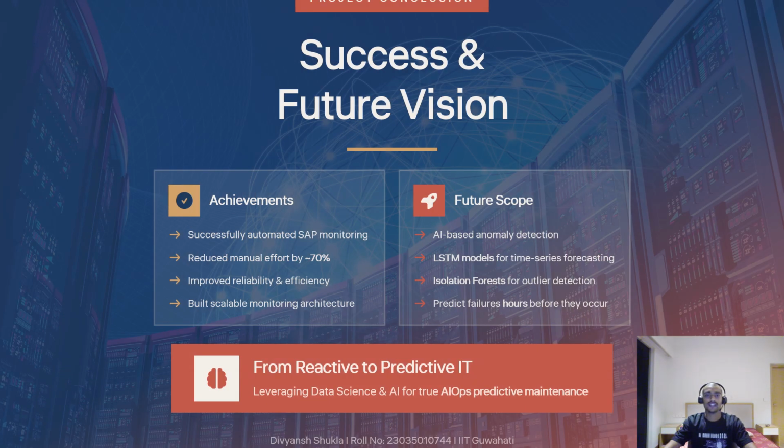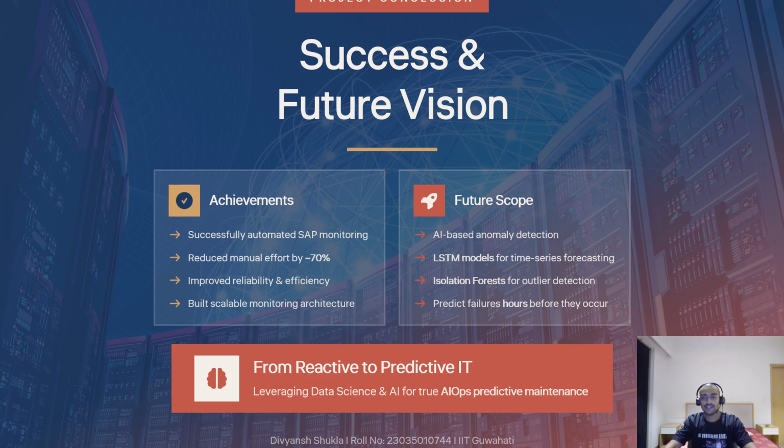Let's see the success and future vision of our monitoring setup. In conclusion, the project successfully bridged the gap between IT operations and data engineering. We didn't just automate a task. We built a robust telemetry pipeline. The future scope is the most exciting part for a data science student.